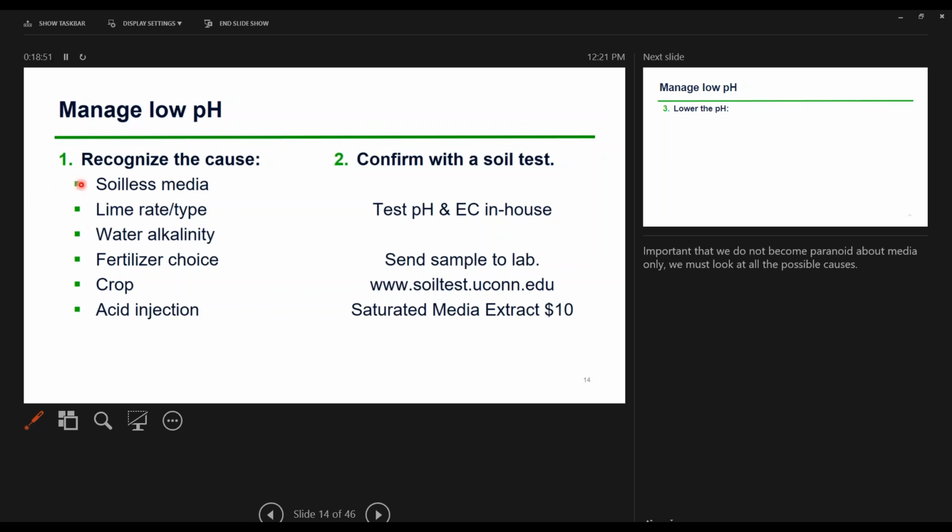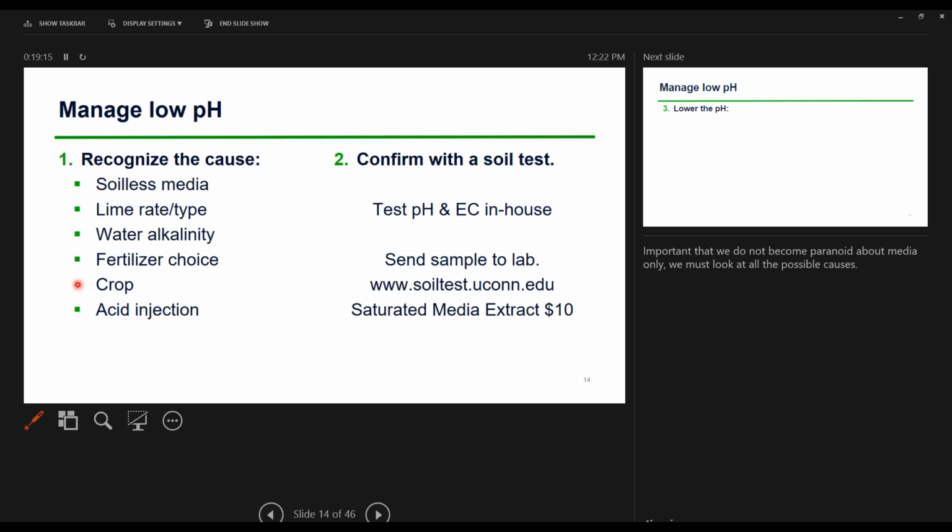So one is, if I buy a mix, could it be that the soilless media had a problem? If I'm applying my own lime, is it the type of lime or the rate that I'm applying an issue? Is water alkalinity a problem? And we're going to talk about that shortly. Is the fertilizer choice a problem? We're going to talk about that shortly.